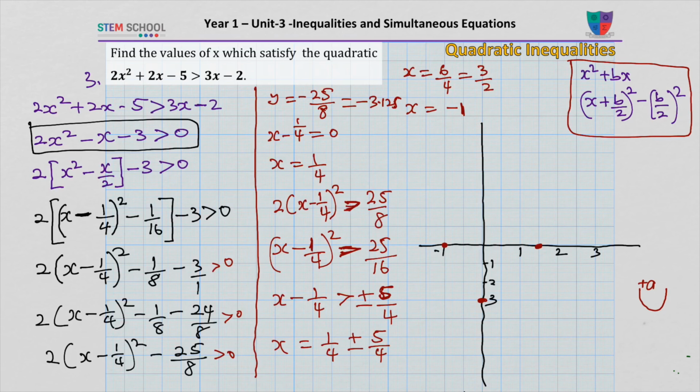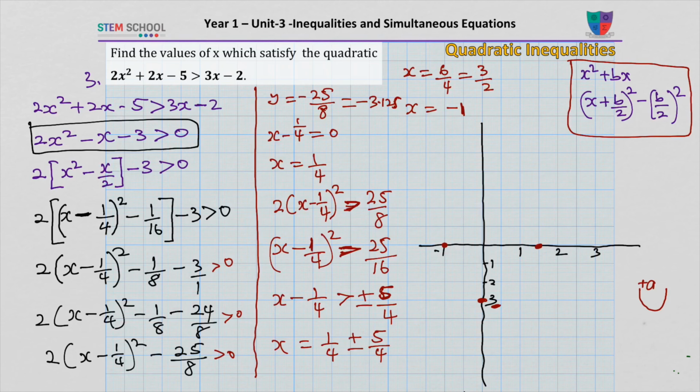Okay. The turning point y value is minus 3.125, so it's very close to the y-intercept. At x equals 1/4, so 1/4 is here, that's my turning point.